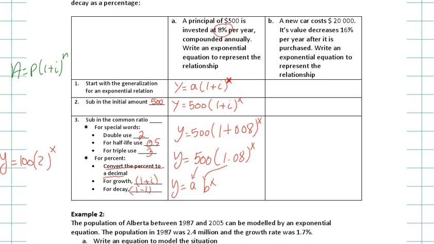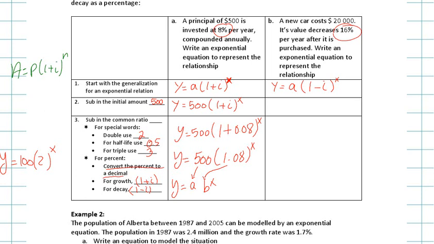So what formula do I use? y equals a times (1 minus i) to the power of x. First of all, I know I'm going to use this because it's a percentage. Second of all, I know it's a decay, so I have to use the 1 minus i because of the word decreases.